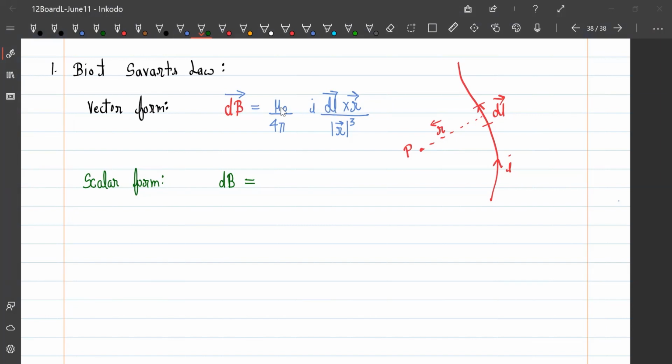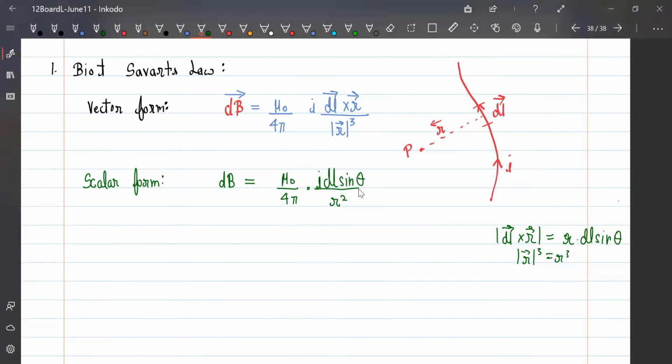See, बस mod ले लेना है, इसका mod लेके solve करेंगे तो dl cross r क्या होता है? dl r sin theta हो जाएगा, है ना? इसका मैग्नीट्यूड लिखेंगे तो dl cross r ये हो जाएगा r into dl into sin theta, और mod of r cube का mod क्या हो जाएगा? That is just r cube. तो एक r और एक r कैंसिल आउट हो जाएगा. This will be mu naught by 4 pi I dl sin theta upon r square. Is this clear?